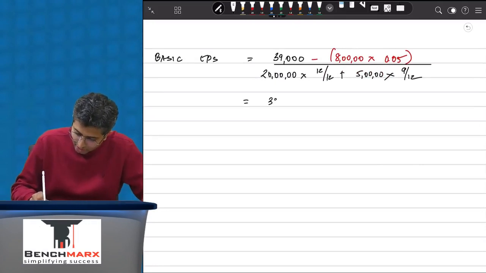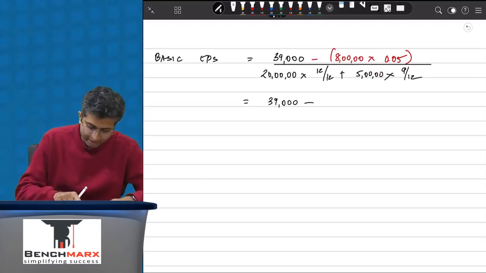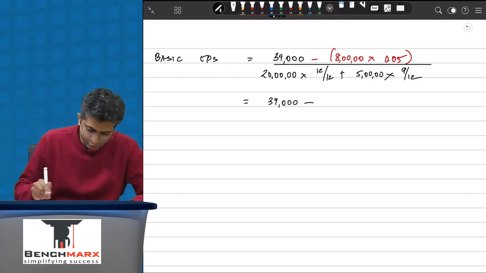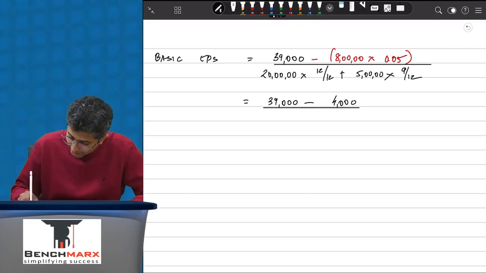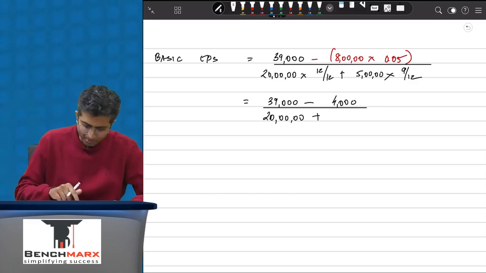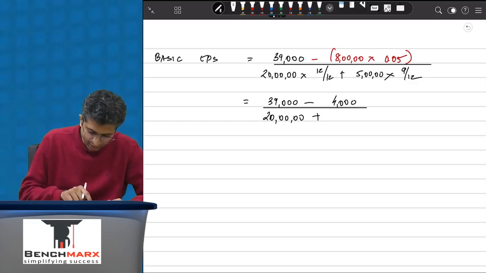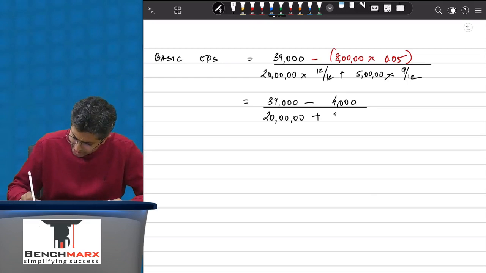So this will come to 39,000 minus 80,000 into 0.05, which will come to 4,000, divided by 2 lakhs, plus 50,000 into 9 by 12. So this is 37,500.